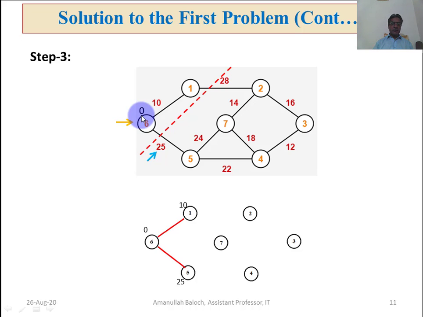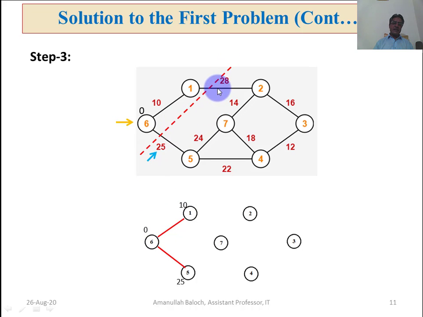Next, these 3 vertices have been processed, while the rest remain. So we will place an edge here. You may see it here.